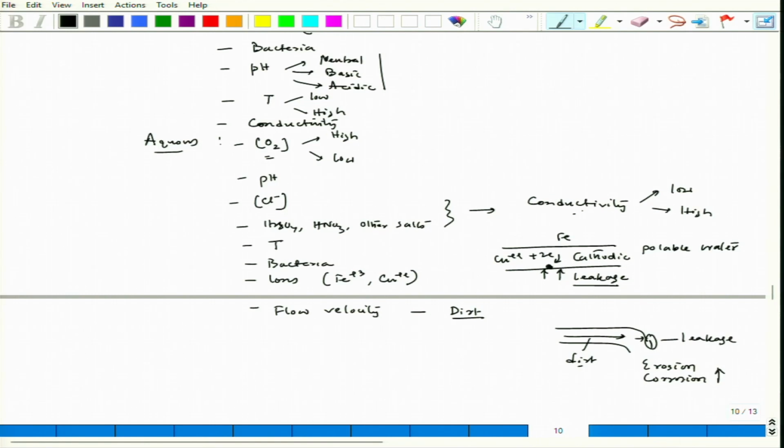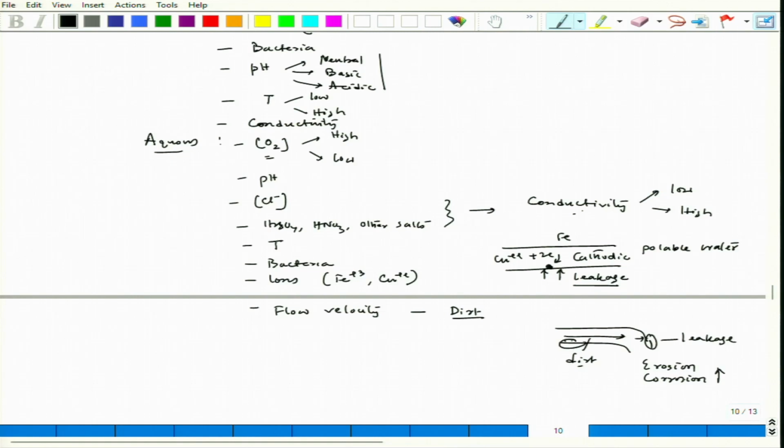There could be another way dirt will be very bad. Let us say while flow happens, if the flow is not sufficient to take those dirts away with it, some of the dirts will settle down. Let us say some dirt settles down here. So, in this particular part there is a small dirt. So, if we zoom it, this is my dirt.